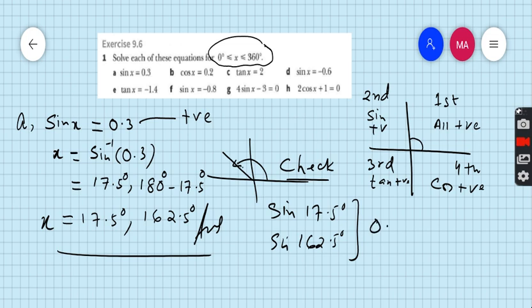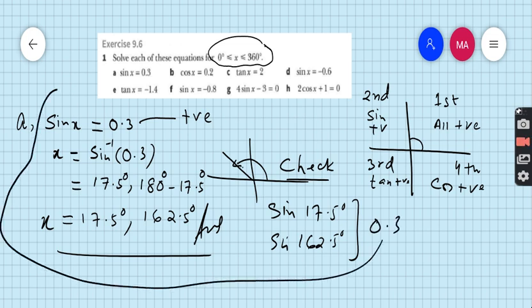You will get 0.3, which is the value of sine x. So if you get 0.3 from sine 17.5 and sine 162.5, it means both your answers are correct. So finally the values of x are 17.5 and 162.5 degrees. I hope you understand part A completely.